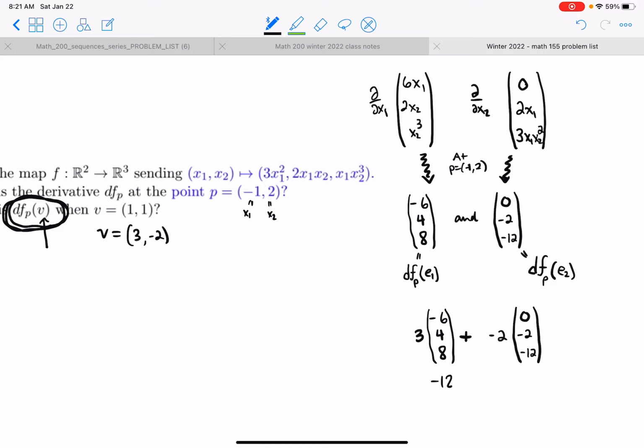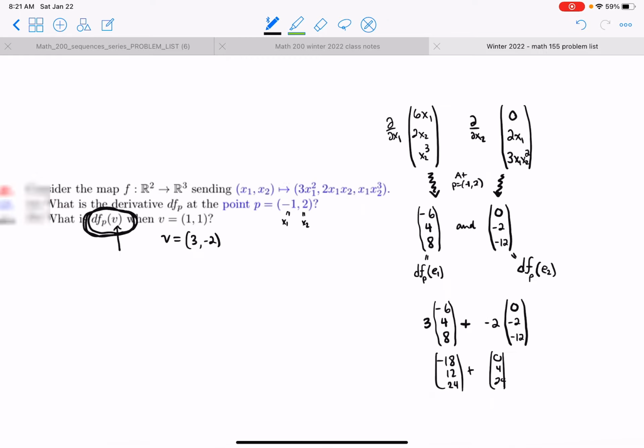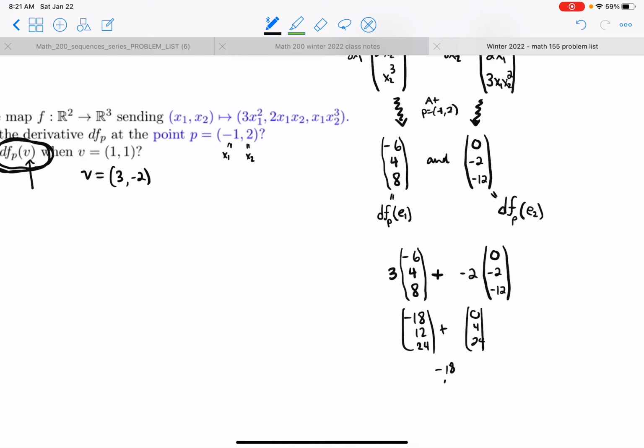And we'd get some vector. We do the linear combination, and we get some vector. What was it? -18, 16, 48. And that would be dfp of v if v equals 3, -2.